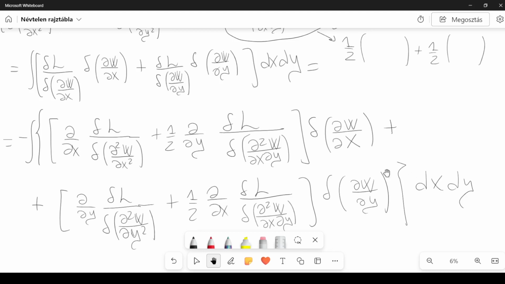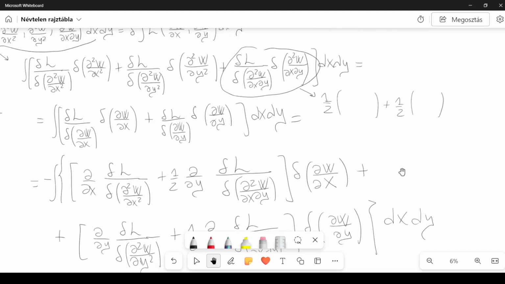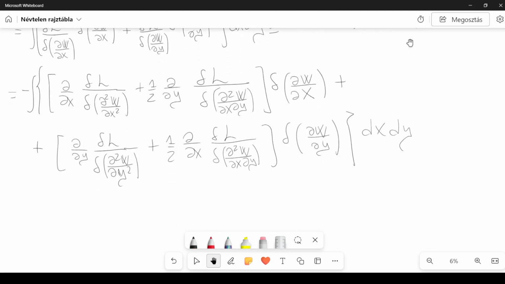Now from here we can find some equations of motion. Basically, we can set this one with the minus sign equal to this one. And similarly, this one should be equal to this one with a minus sign.